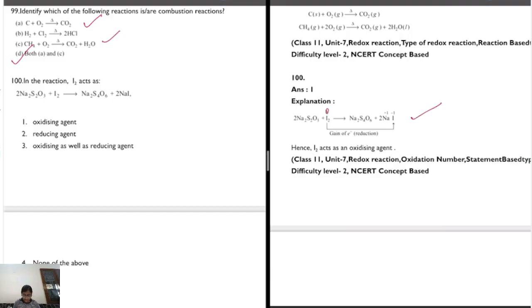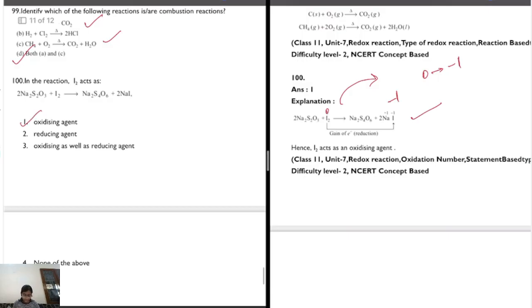I2 is initially in 0 oxidation state and here it would be in minus 1 oxidation state. So it is being reduced. It is gaining electron from 0 to minus 1. If it is reducing, then it will act as an oxidizing agent. The species itself is getting reduced and oxidizing the other species. So this is the correct answer.